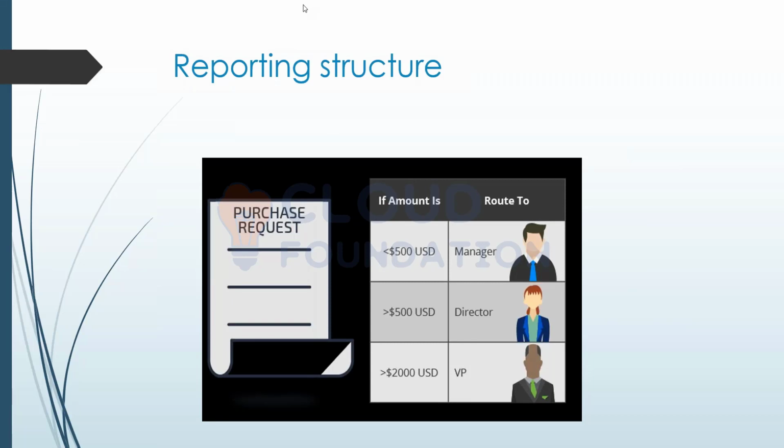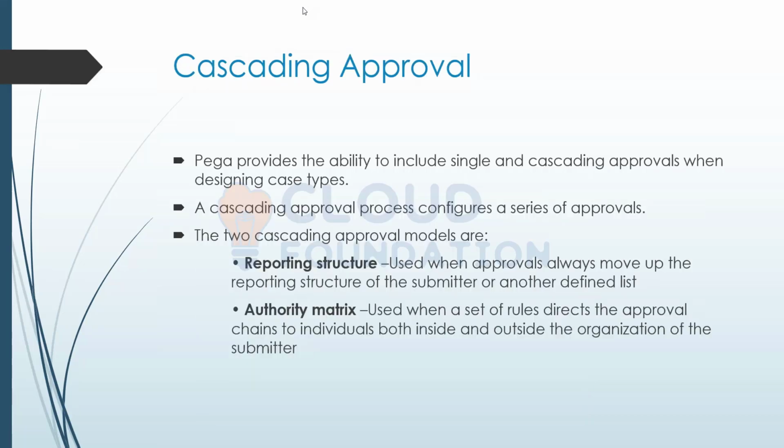Whereas there is something else called authority matrix. So what is authority matrix? Sometimes you need approvals from people outside your department, outside your reporting hierarchy. For example, you have put in a claim request, probably some reimbursement request. It goes to your manager.